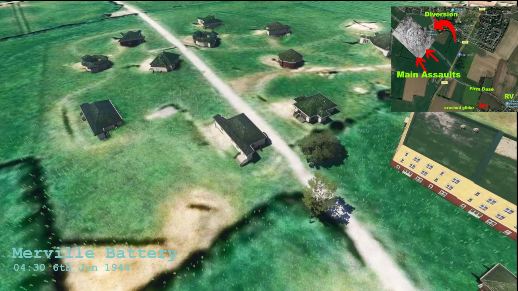Effectively, what he's saying is that he didn't have the equipment to destroy these guns properly. And what he's done here is technically he's not destroyed them, but he's delayed them coming back into action.